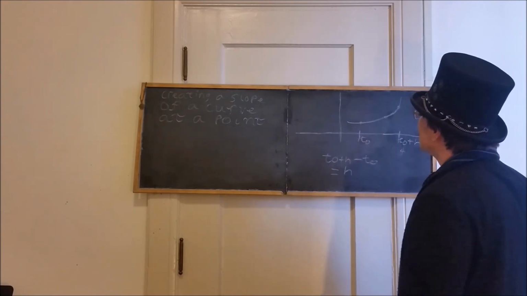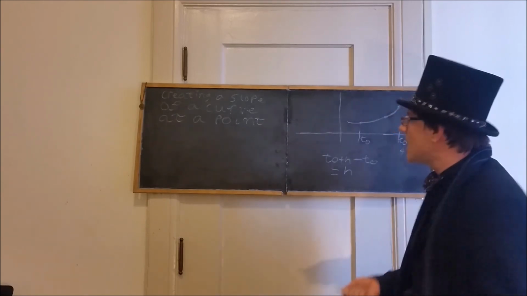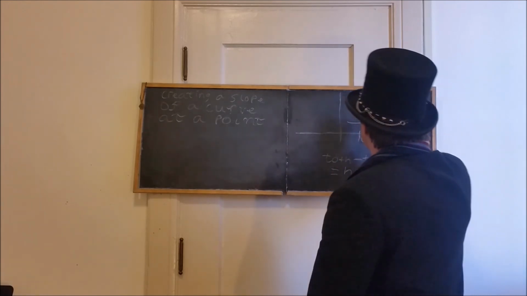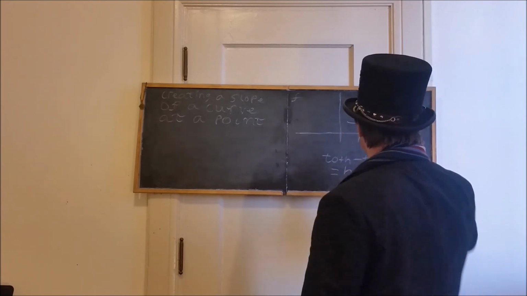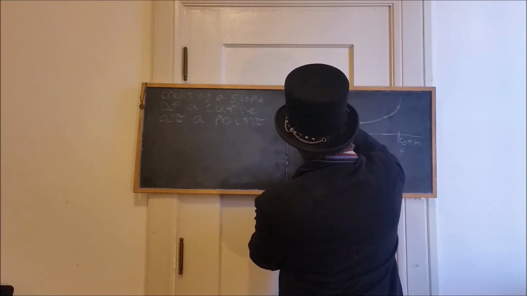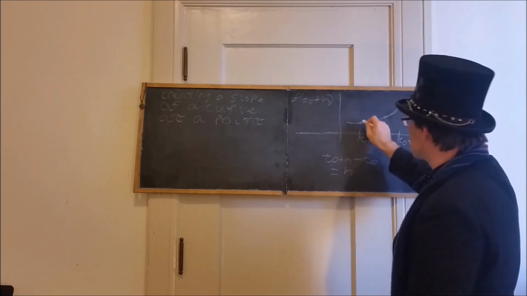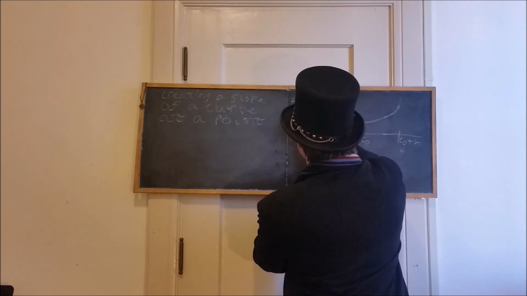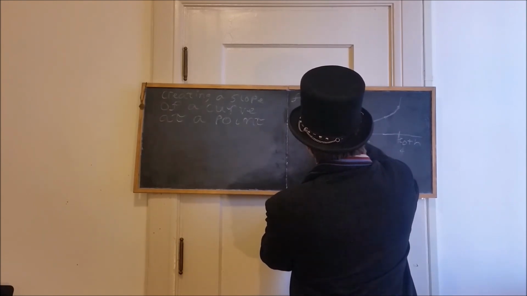Now we want to find our delta y. What would that be? How would we get a delta y? Well, let's just call this point f of t sub 0 plus h, and we'll call this point the function of t sub 0.